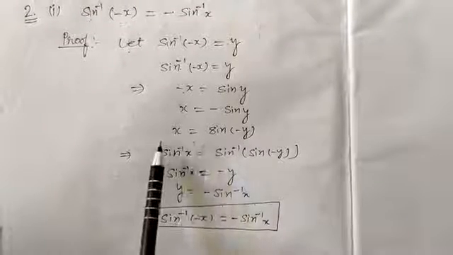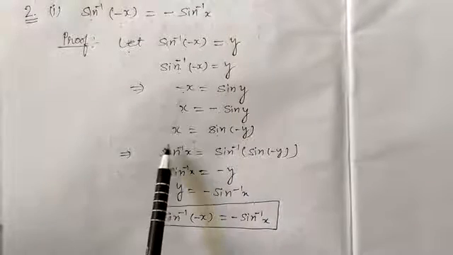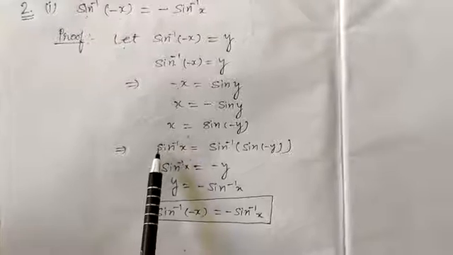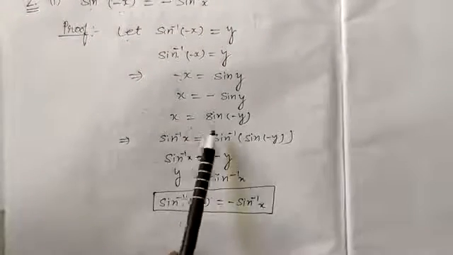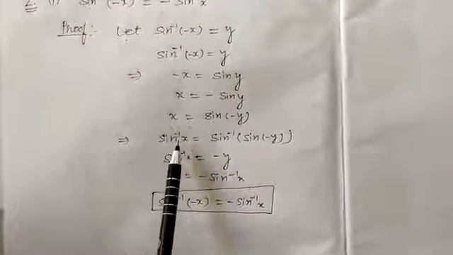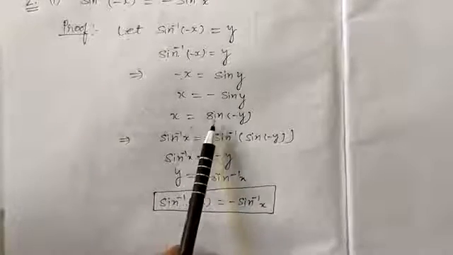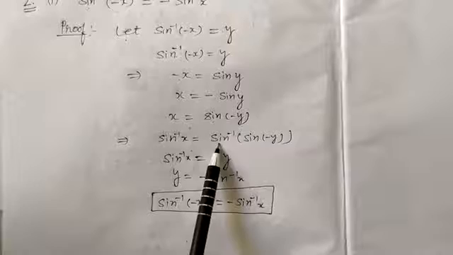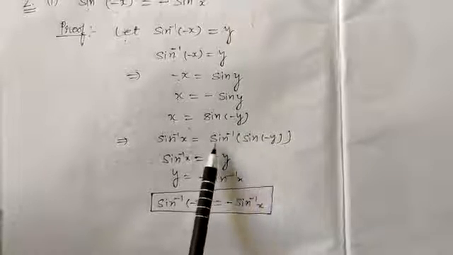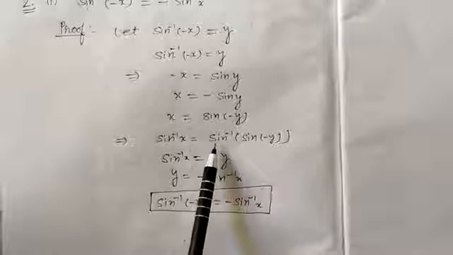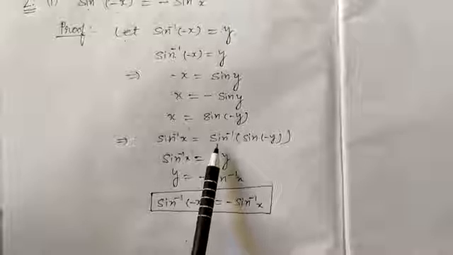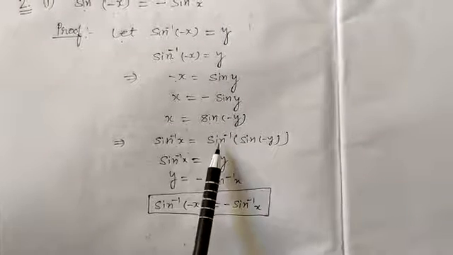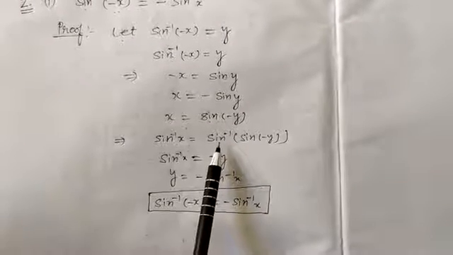Now take the inverse function of sine on both sides. Here will be sine inverse x and here will be sine inverse sine minus y. If we compose the inverse function with the function, then you will get the identity function, as I discussed in the functions chapter. So remember those theorems and properties.